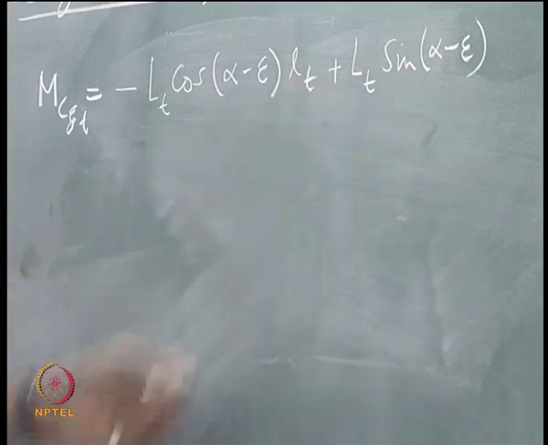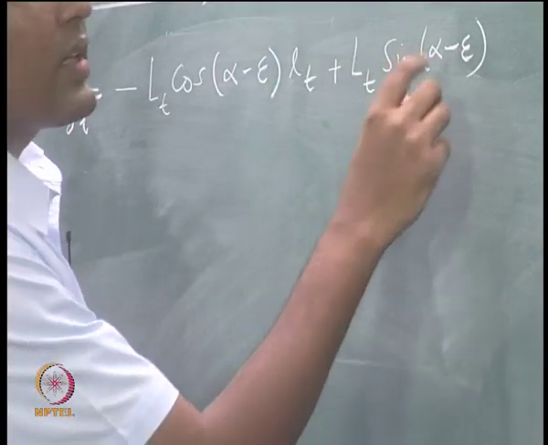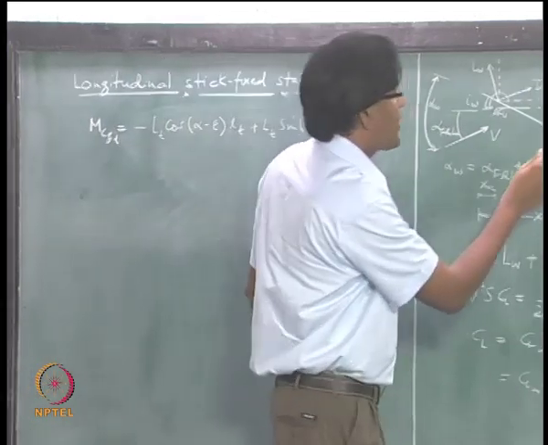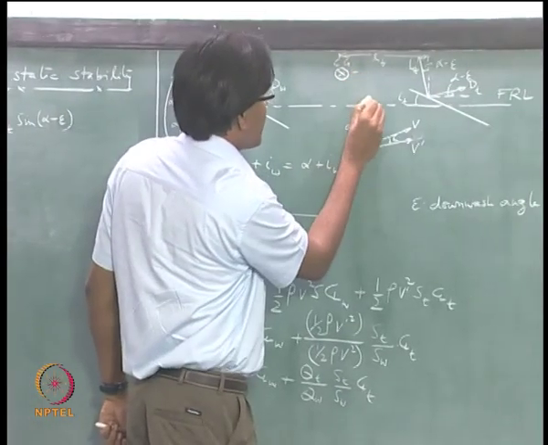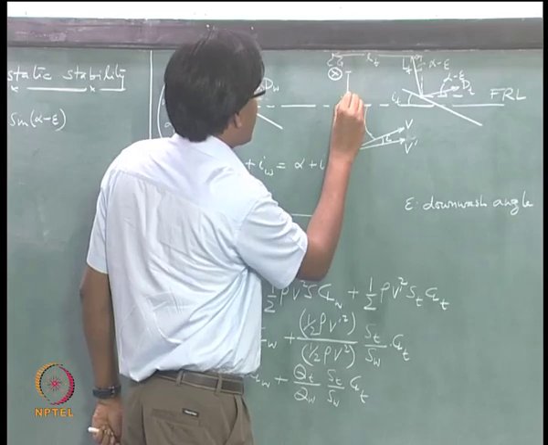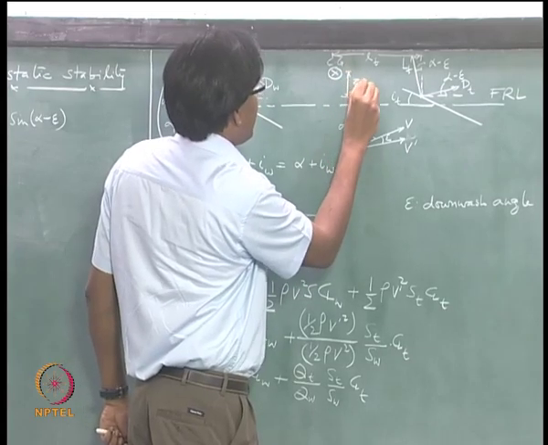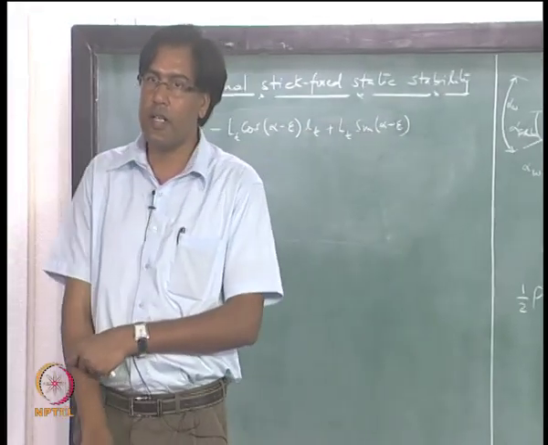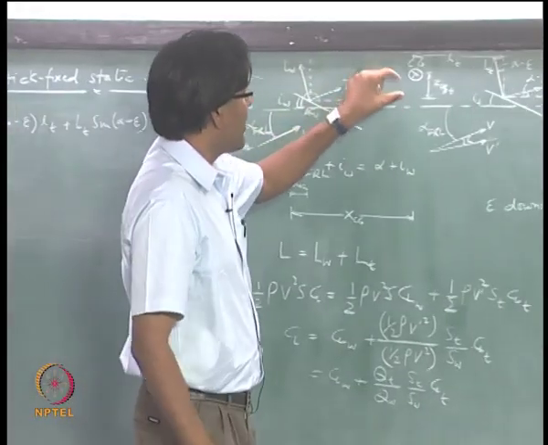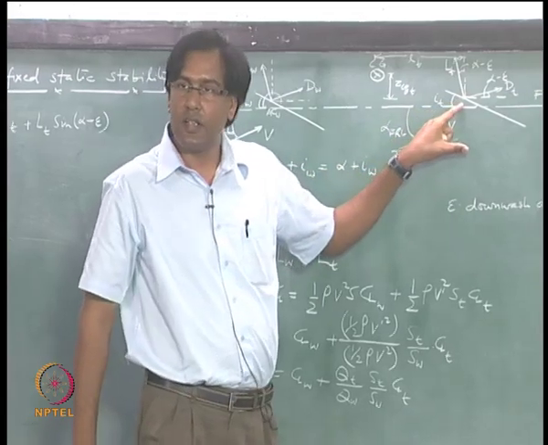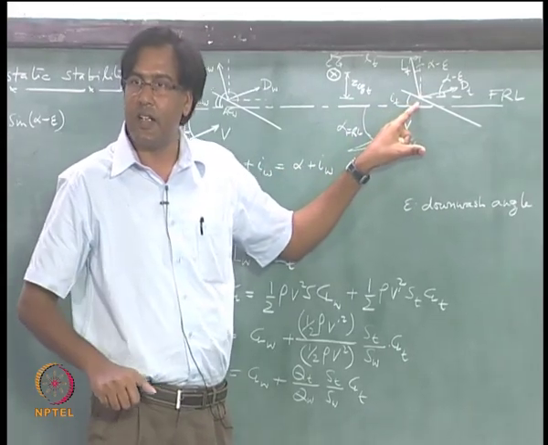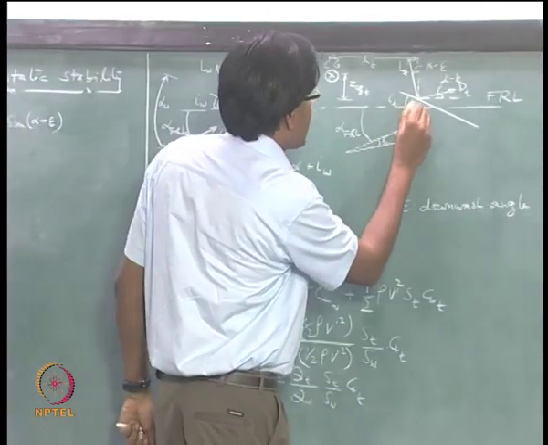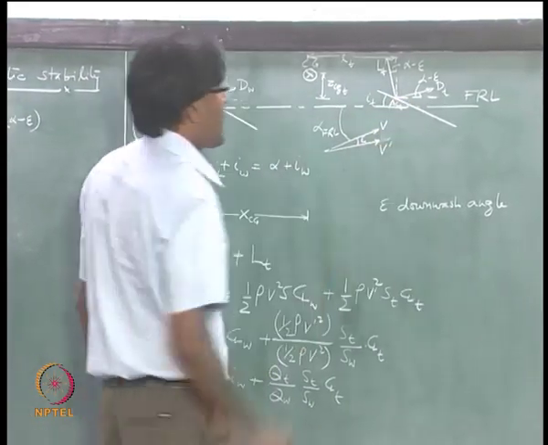That is why I have written this plus in front of LT. So I have to define a distance now. Let us say the height of CG above the aerodynamic center of the tail is ZCG. So this is AC tail.